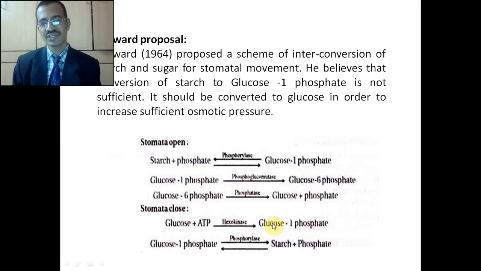Glucose is converted into glucose 1 phosphate, and this glucose 1 phosphate is converted into starch in the presence of the phosphorylase enzyme. So during the night time, glucose is converted into starch, which leads to the closure of the stomata. So this is Stewart's proposal.